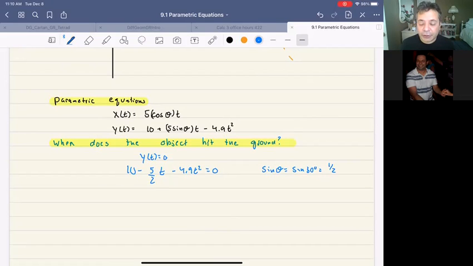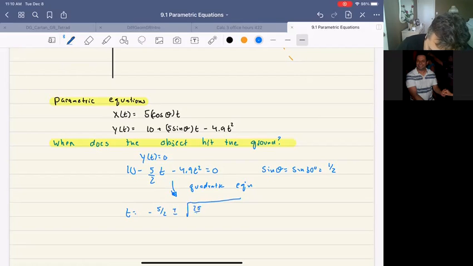So when we solve this using the quadratic equation, t is negative 5/2 plus or minus the square root of 25 over 4 minus 4 times negative 4.9 times 10, all over 2 times negative 4.9.